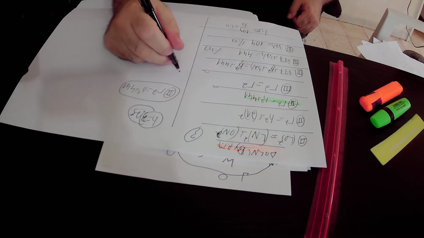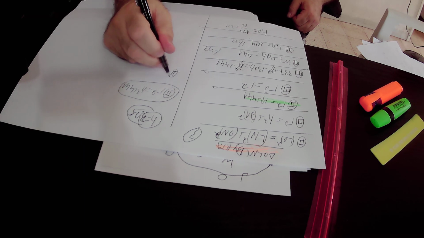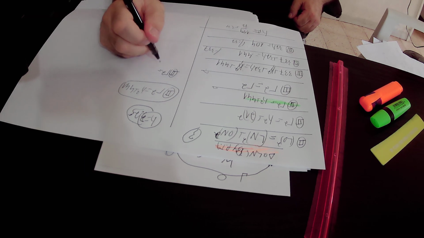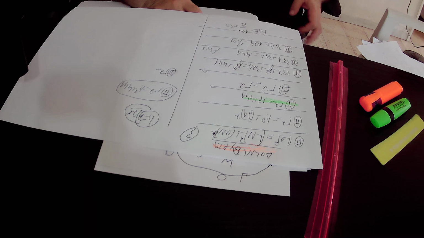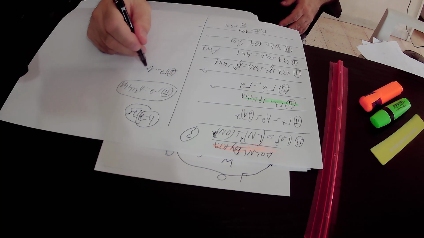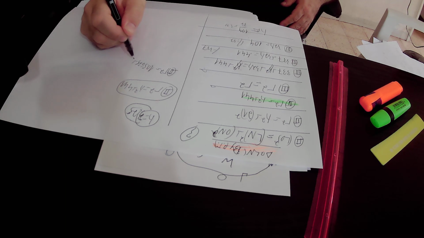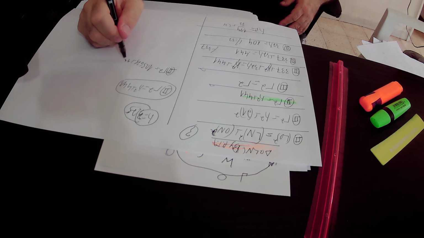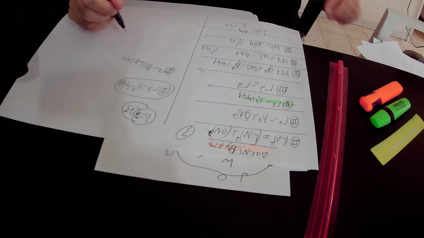So r squared equals h squared, where h equals 3.25, therefore h squared will be equal to 3.25 squared, that is 10.5625, plus 441.